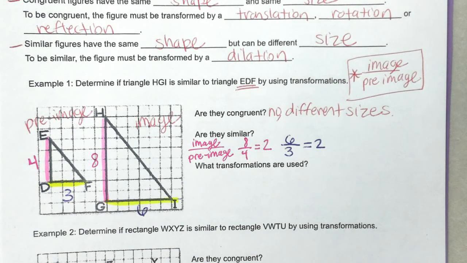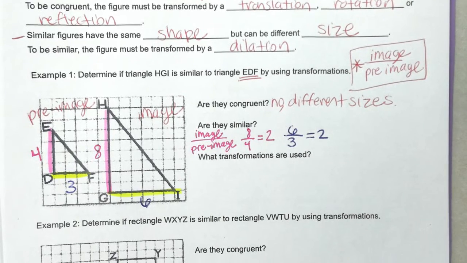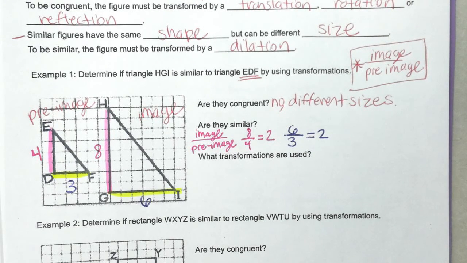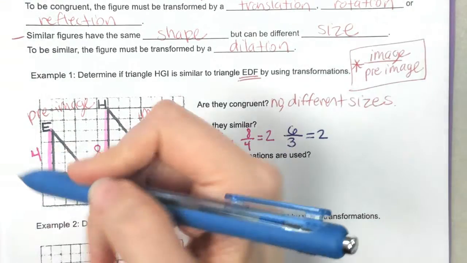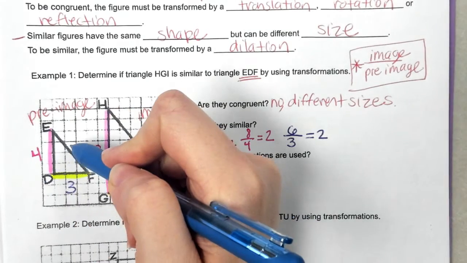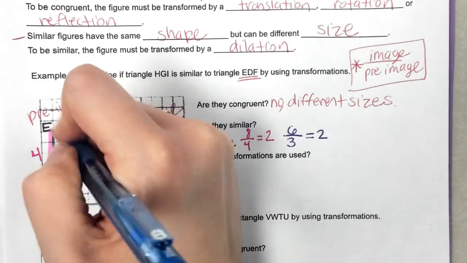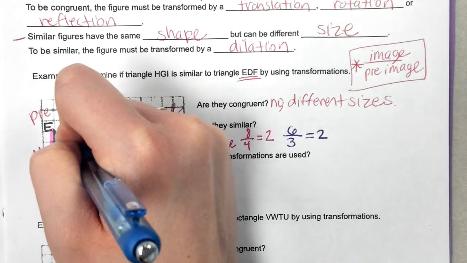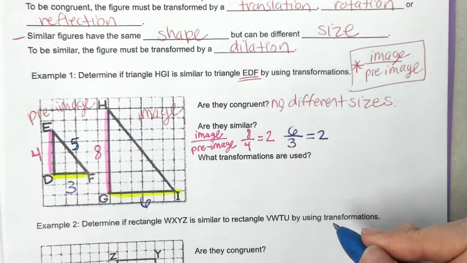Does anybody remember the Pythagorean triples? Like, do you remember if this is a 3, 4, this has to be a 5. It's a 3, 4, 5 triangle. Okay, very good. 3, 4, 5 triangle.